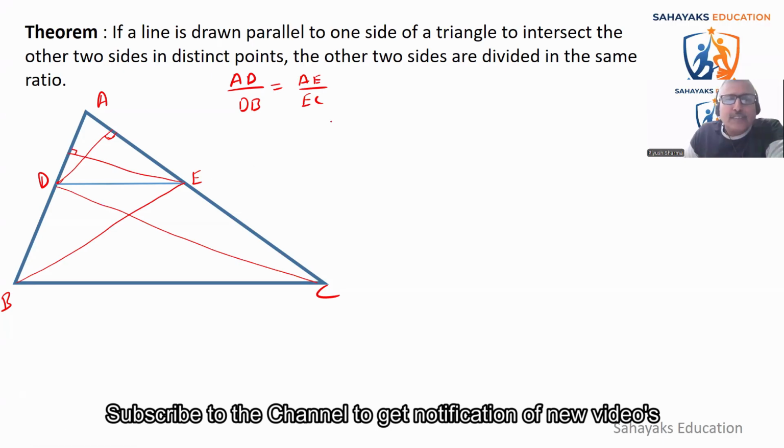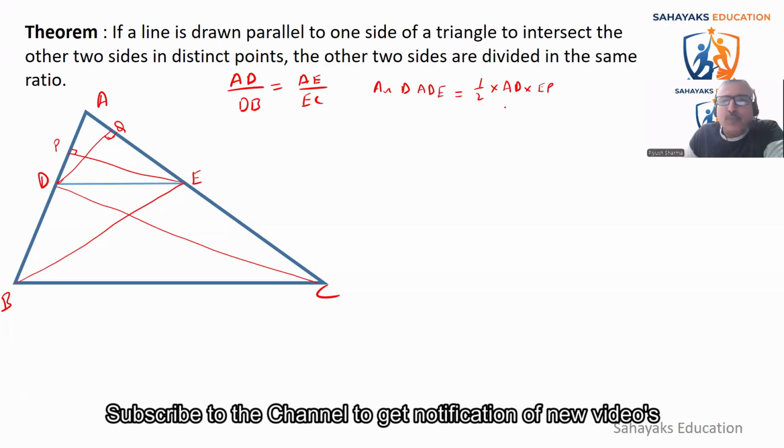Okay. So what is the area of triangle ADE? The area of triangle ADE is equal to, if I consider AD as the base of the triangle, half into AD into EP.